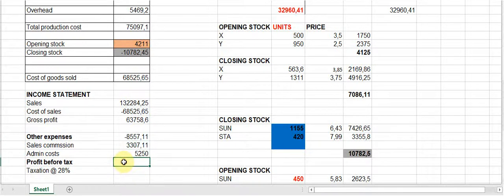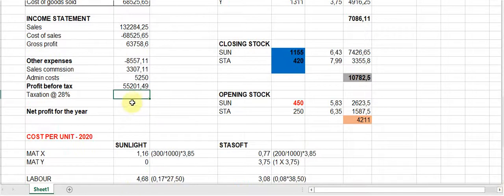And then the profit before tax will, of course, be the gross profit minus other expenses. We have to calculate our tax for the year. So that will be the profit before tax times 28%. And in total, it is rounded to 15456,42.